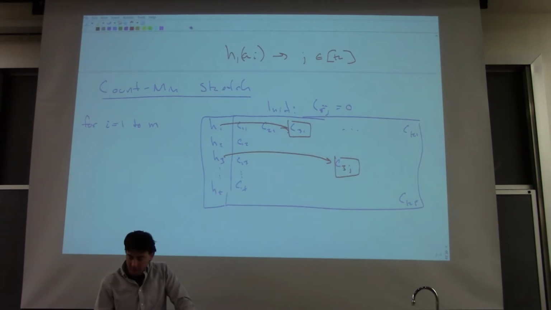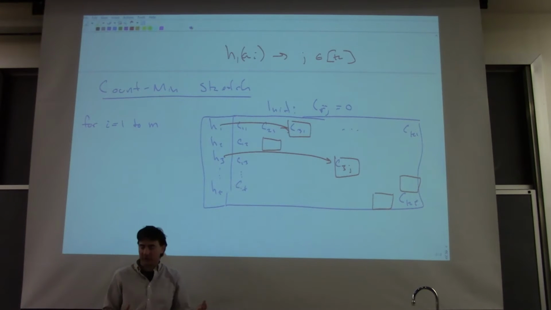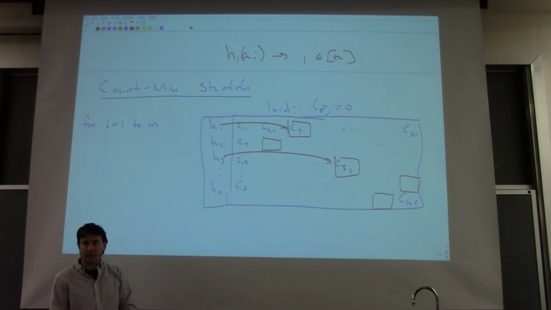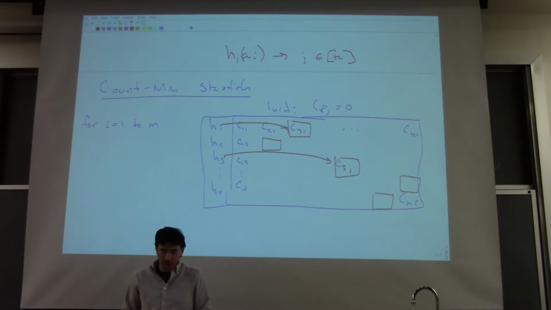Each of them is going to go to a different one of these counters in this set. So the first thing I do is hash it to one of these counters, and then what should I do with the counters once I found them? Increment them. Good. So I'm going to increment the counters.